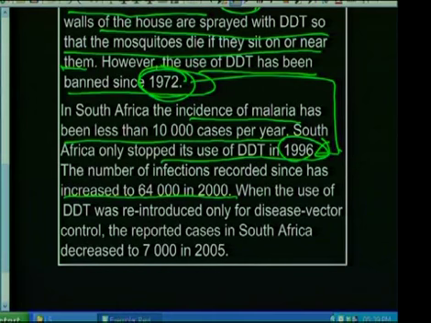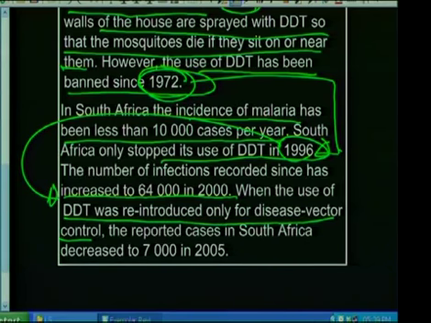But again, weigh that against this factor. When the use of DDT was reintroduced only for disease vector control, the reported cases in South Africa decreased to 7,000 in 2005. So it's a balance here, the advantage of the environment as opposed to the decrease in the number of malaria incidents reported.